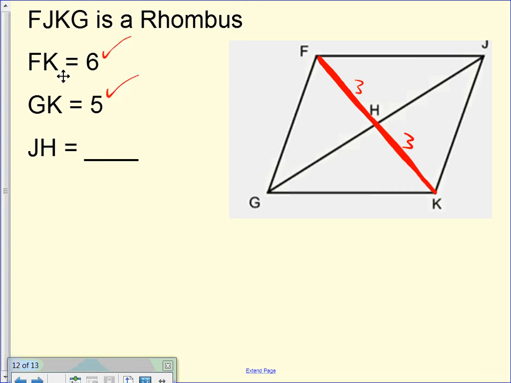That's the first thing that's given. Second thing that's given is GK. Where's GK? GK is right here. Is 5. Okay, which really tells me all the sides are 5. But I'm not sure that I need that just yet. Well, I'll write it in. 5. 5. 5. Now what I'm looking for is, and we'll color it blue, JH.